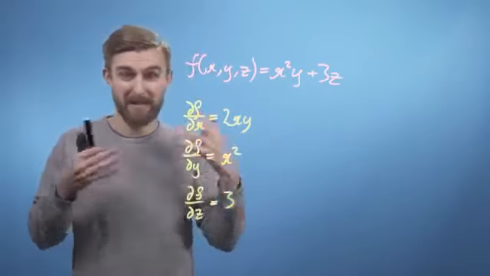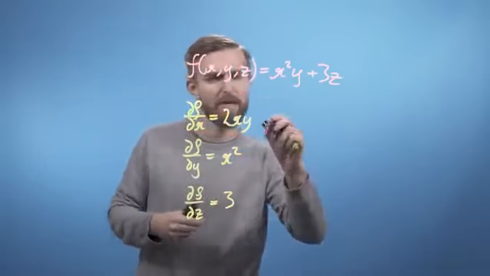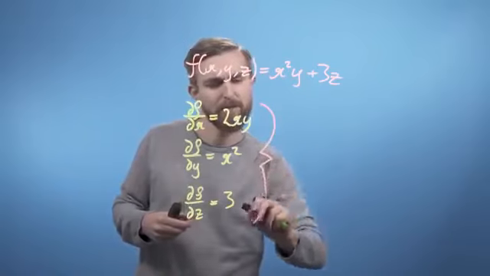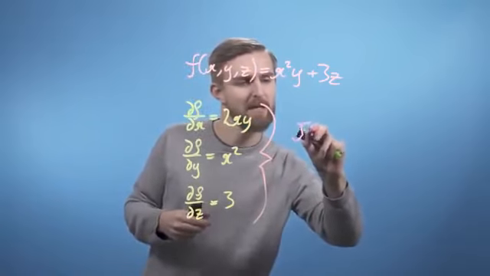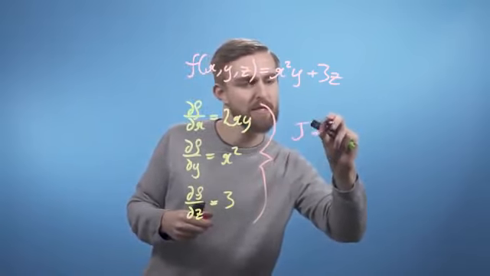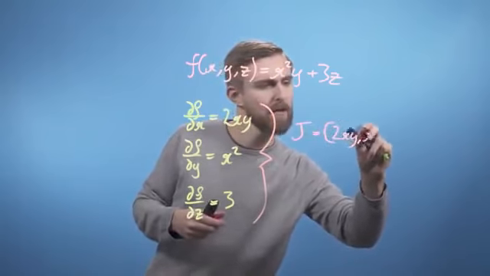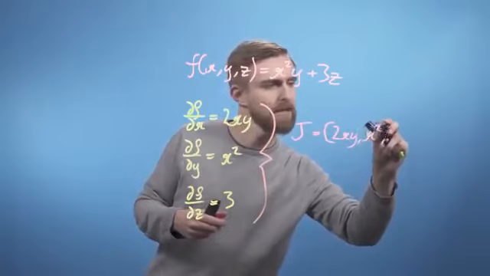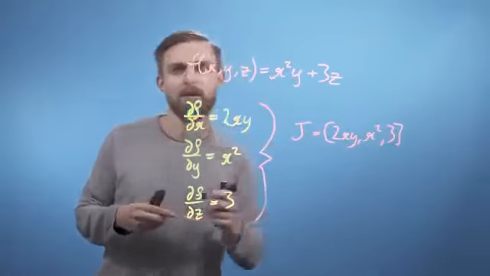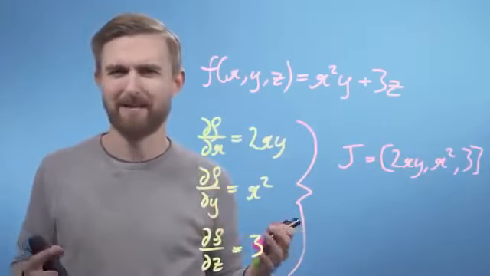Now, bringing all of those together, we just end up with a Jacobian j, which is just going to be 2xy, x squared, 3.